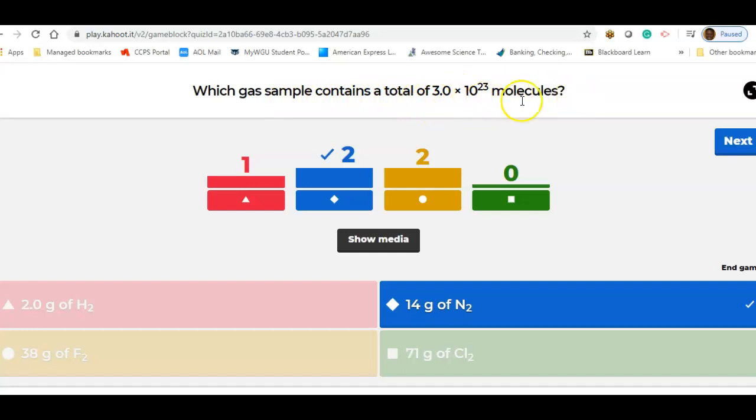This is half of a mole again. You have to be careful. This is half of a mole.